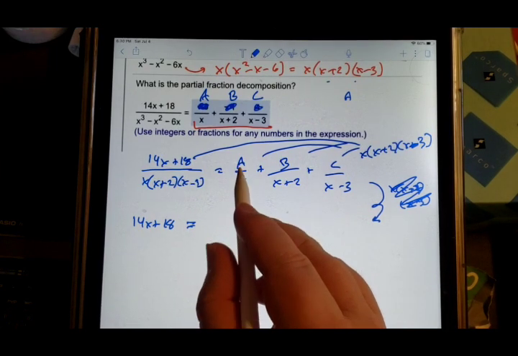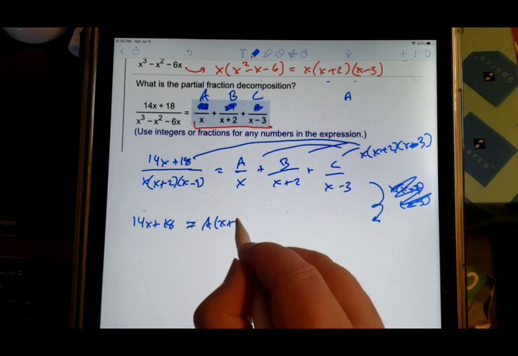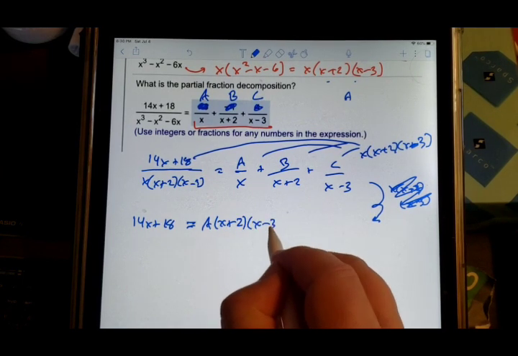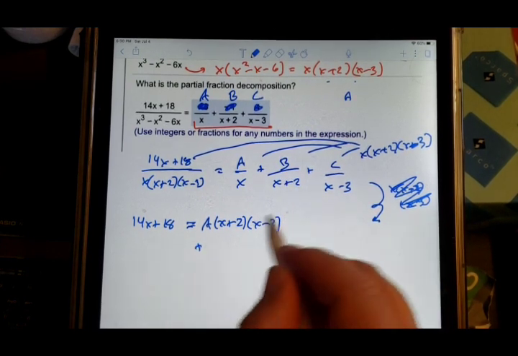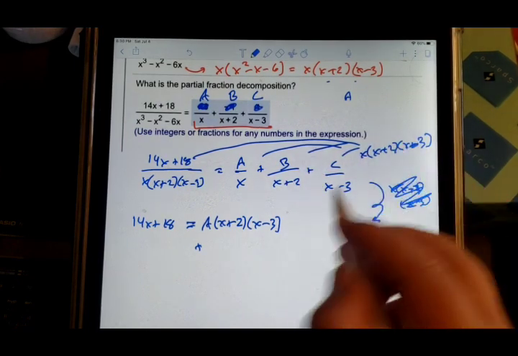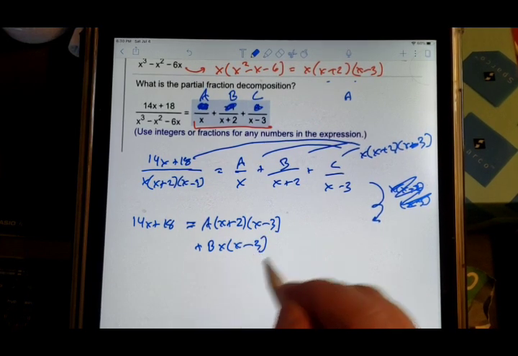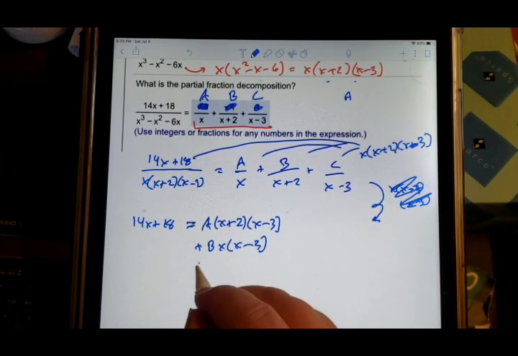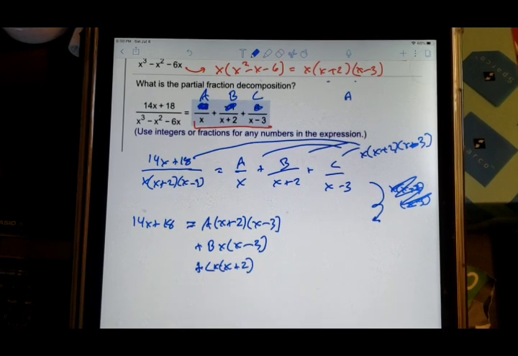What's going to happen here is the x will cancel. x plus 2, x minus 3. Let me write it here because I'm going to run out of space. Distributing here, the x plus 2 is going to cancel, so I'll have bx(x minus 3), and the x minus 3 is going to cancel, so I have cx(x plus 2).